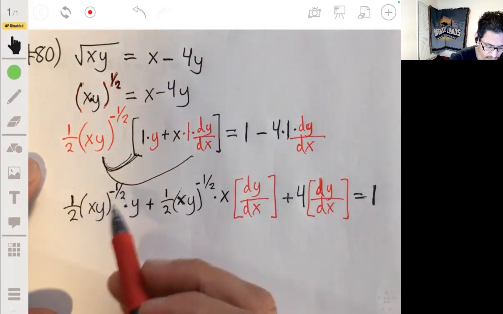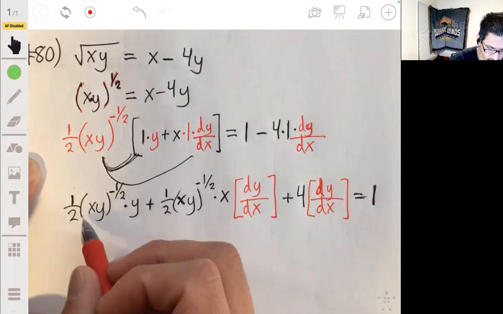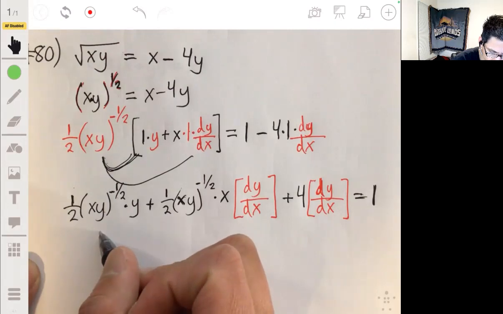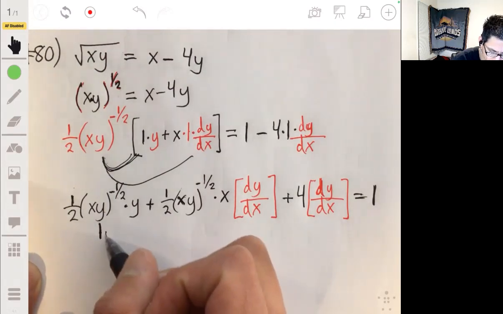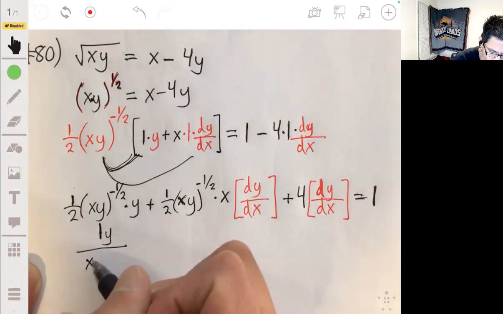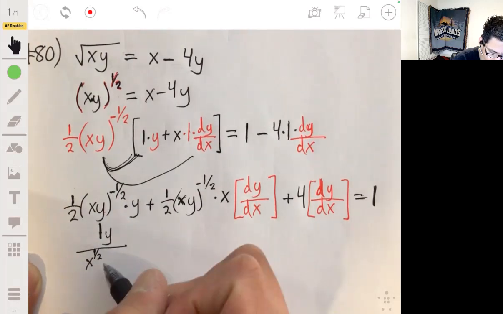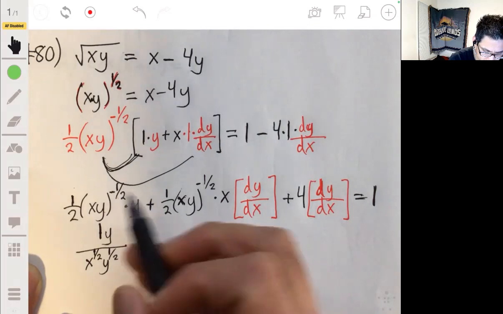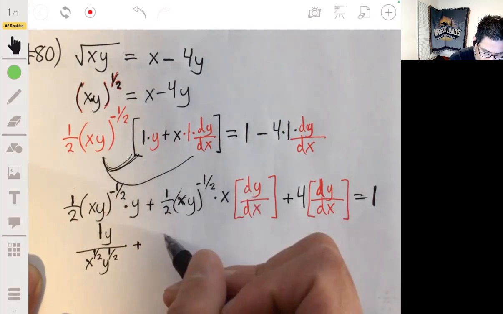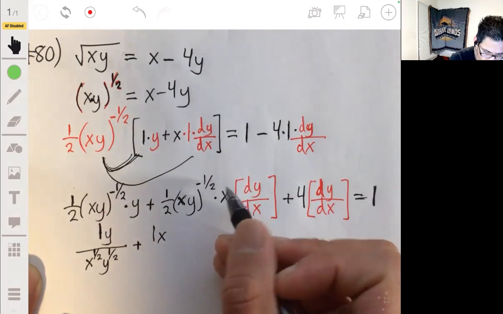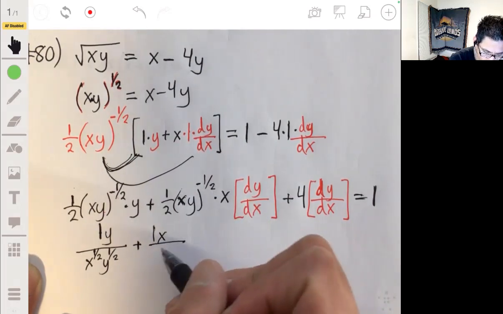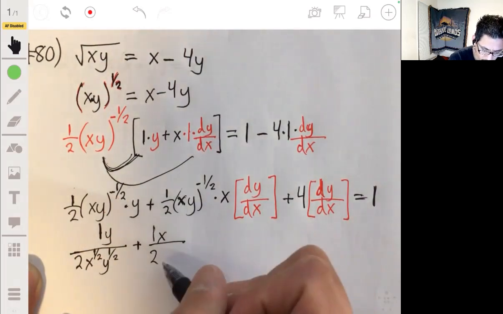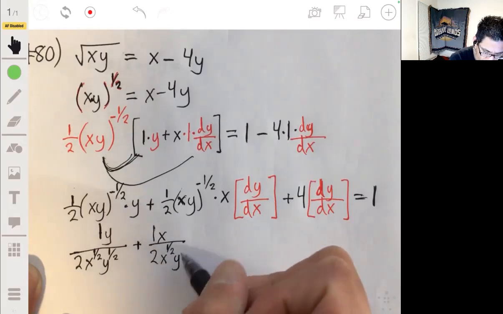So this will be 1 times y over x to the 1/2 times y to the 1/2, plus 1 times x over, oh, I forgot this 2 here, over 2x to the 1/2 times y to the 1/2.